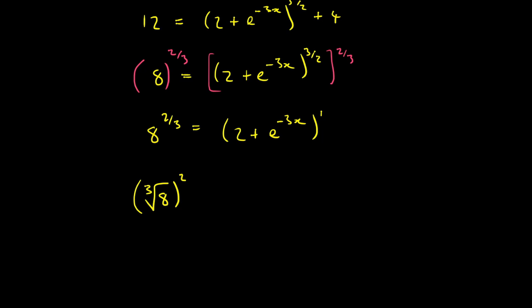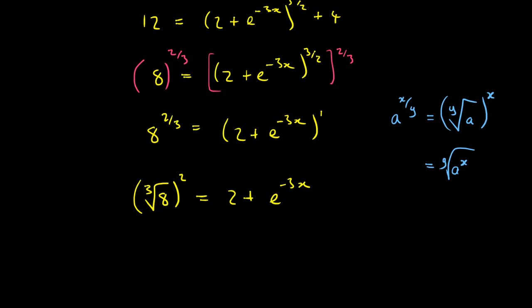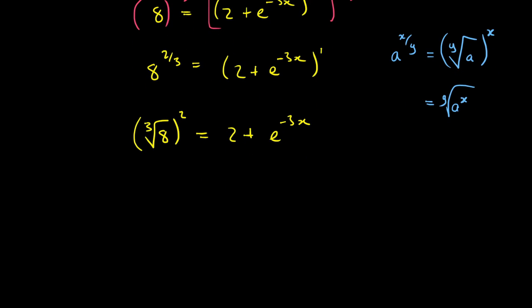So if you want to know the general rule, if I've got a to the power of x/y, then that's equal to the y-th root of a, all to the power of x, or that's actually the same thing as a to the power of x, all to the y-th root. Okay, so that's what that power means. And that's equal to 2 plus e to the negative 3x. Okay, well, the cube root of 8 is 2.